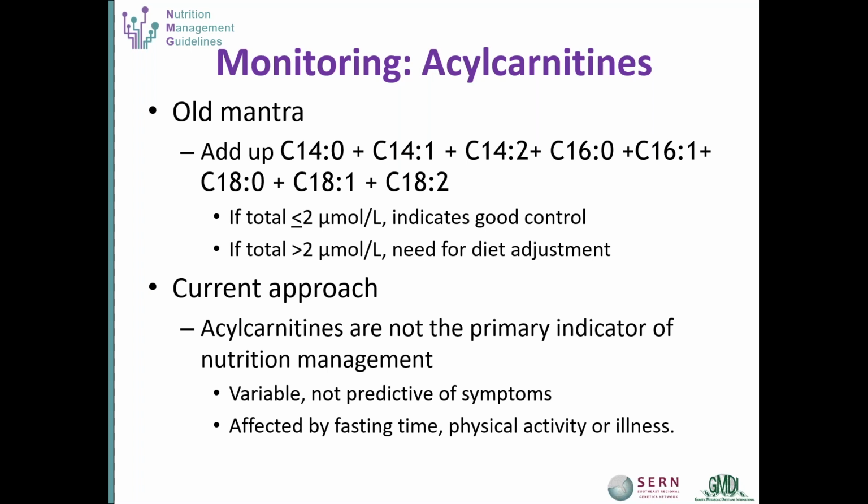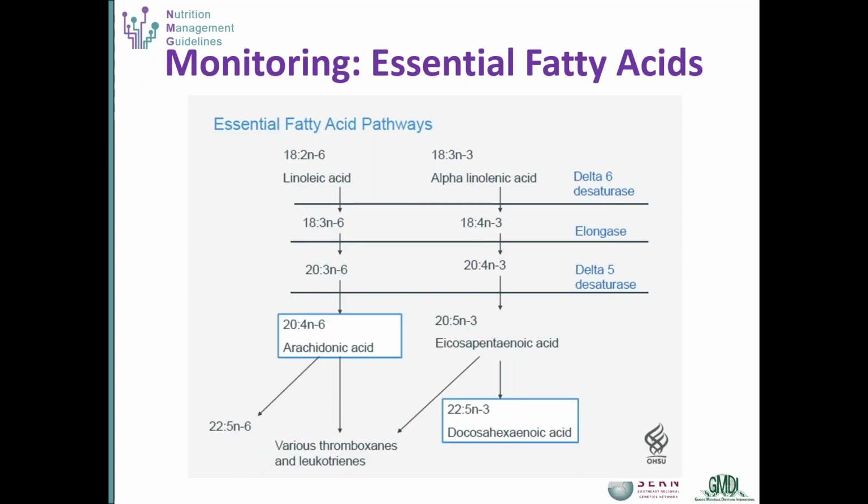So we are trying to reduce the importance of acylcarnitines when it comes to deciding if diet needs to be changed or not. For essential fatty acid monitoring, we've got the two pathways, omega-6 and omega-3.